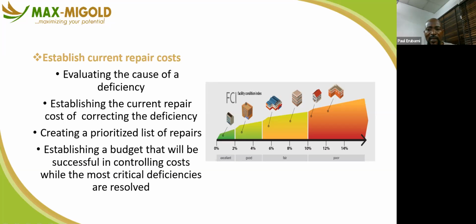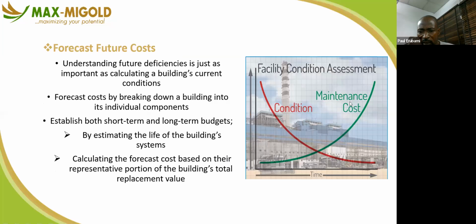At that point, you could start thinking about revamp, repair, renewal, or possibly decommissioning and what? Rebuilding. And if you look at this second graph, you see that when the asset is still brand new, your maintenance cost is very, very low when the condition is still excellent. But as soon as the condition starts deteriorating, your maintenance cost also starts what? Increasing.